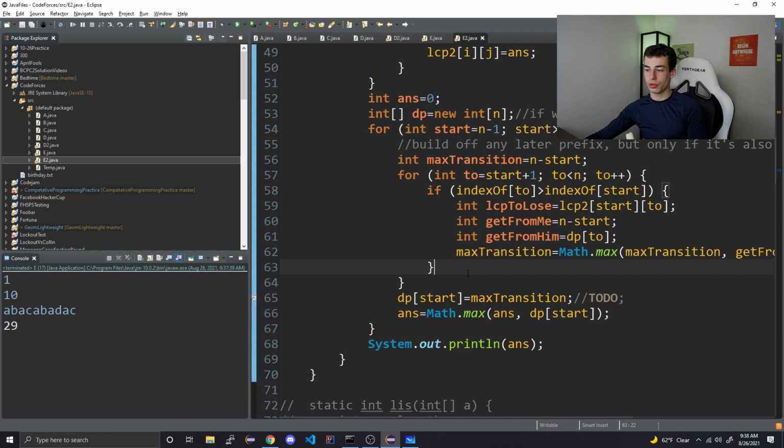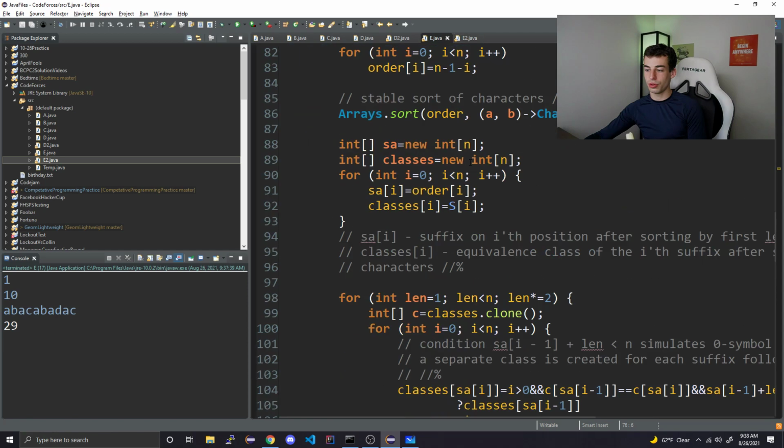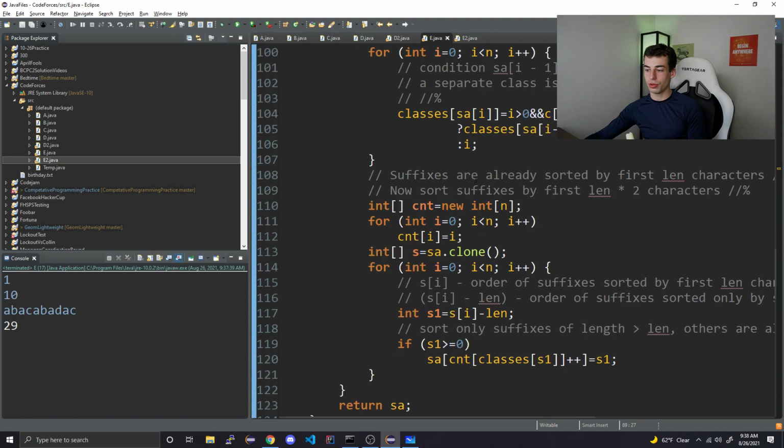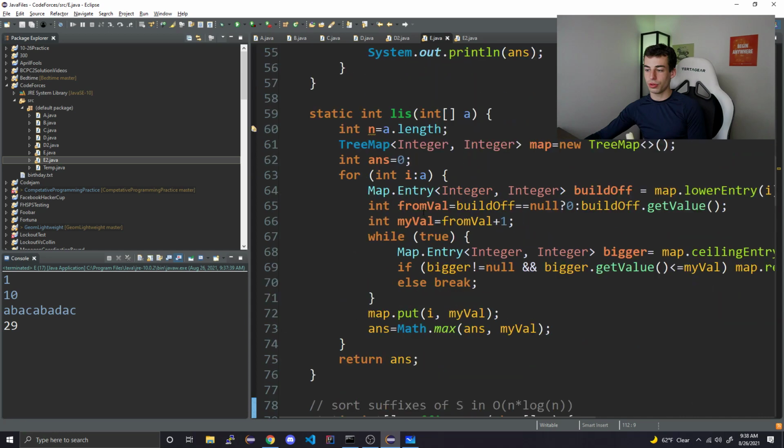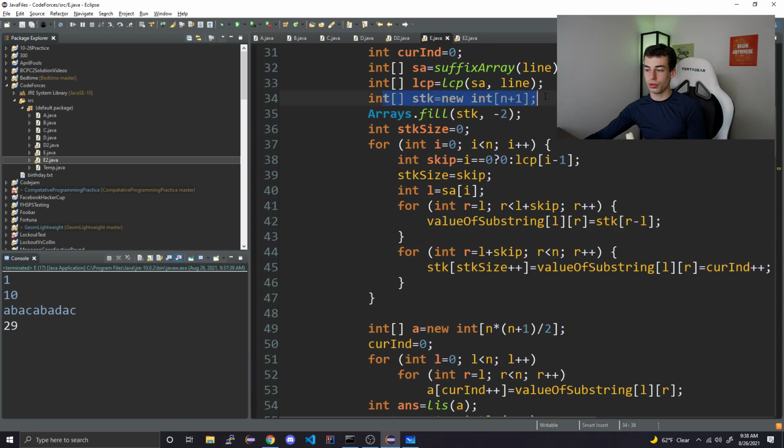Right? I think so. The only messy part with this is this stack. When I'm doing the stack thing, some shenanigans can happen there.